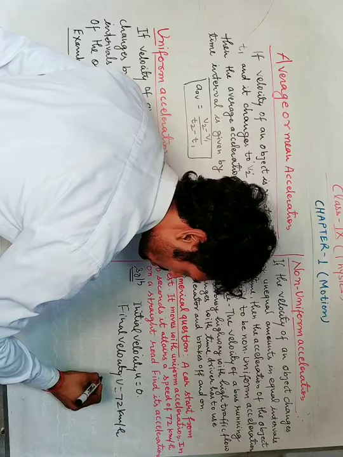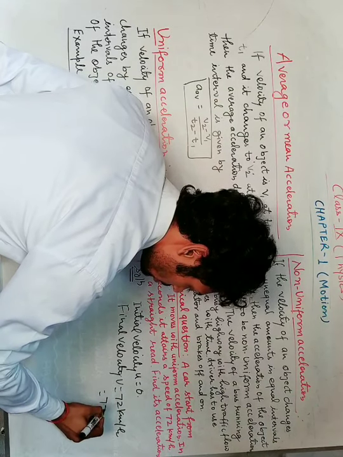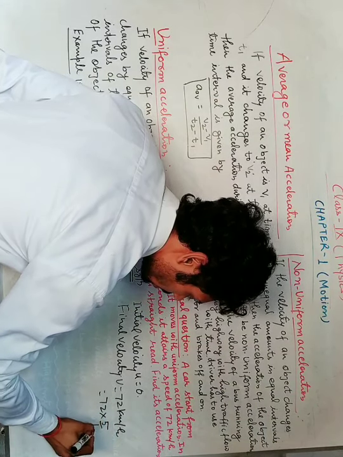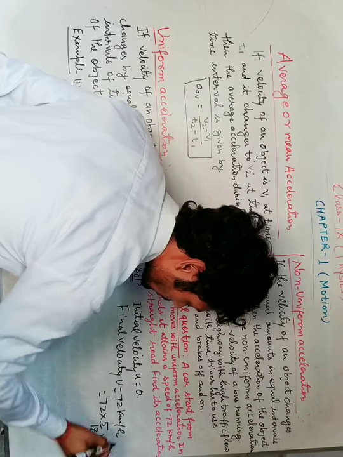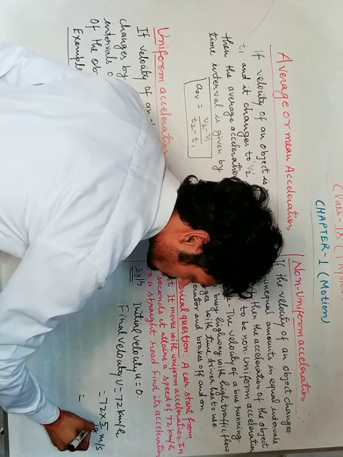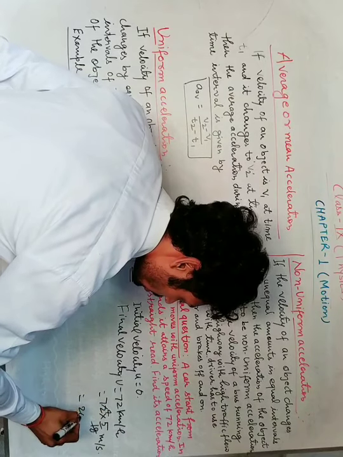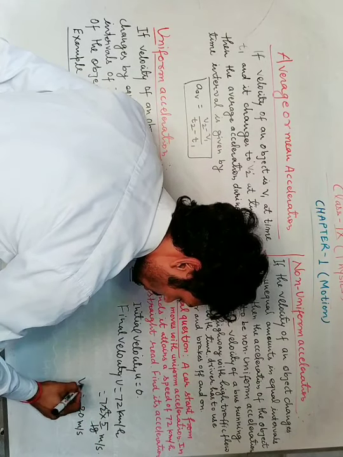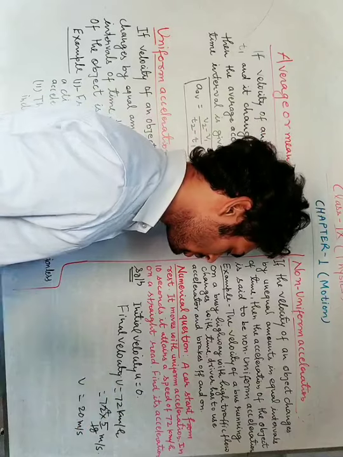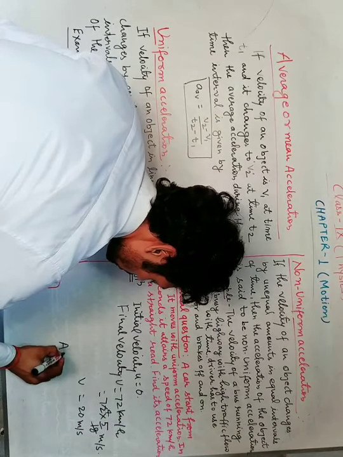Changing it to meter per second, 72 into 5 upon 18 meter per second becomes 20 meter per second. Its final velocity becomes 20 meter per second.